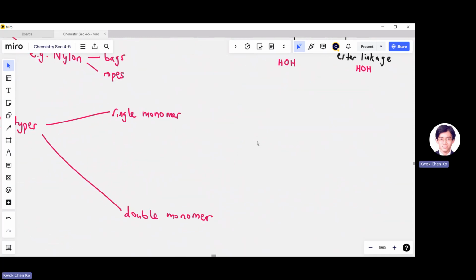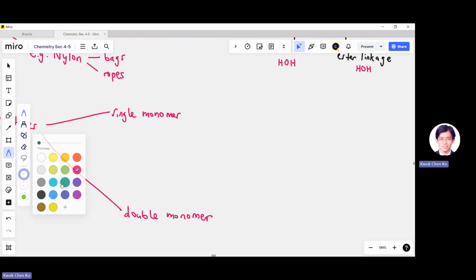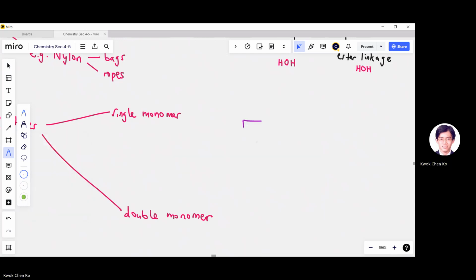A single monomer looks like this. Same thing, I can have a rectangle. Usually they use a rectangle. But look carefully. Looks familiar. No ester.